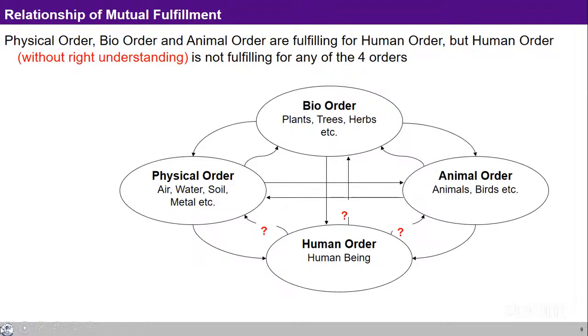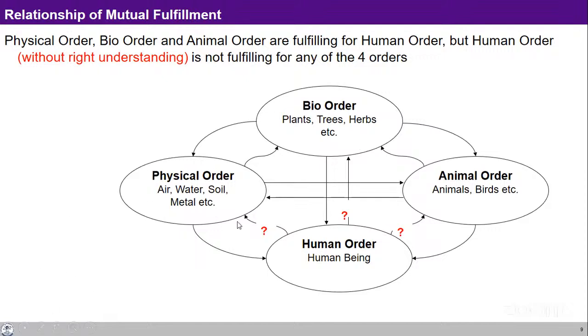I'm depending on the plants for my food, and herbs and trees for my different purposes. We depend on the trees for making furniture, herbs for medicinal purposes, and vegetables for our food. This way, we need to depend on the bio order.